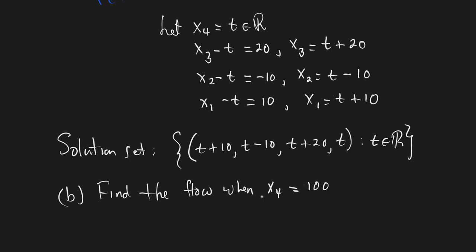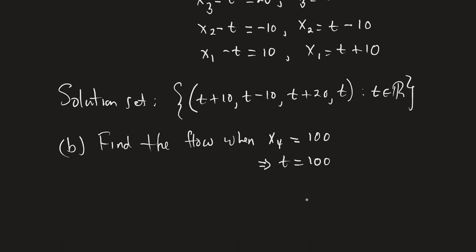If x4 is 100, then my t is 100. So this implies t is equal to 100, and then I simply need to plug 100 into this, and I can find that unknown flow.